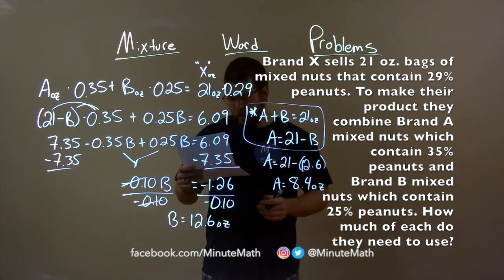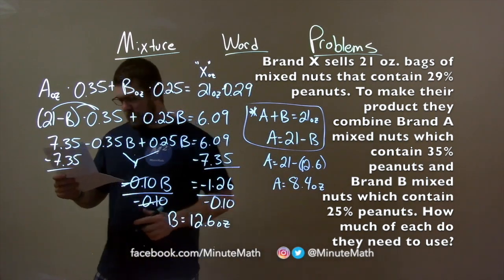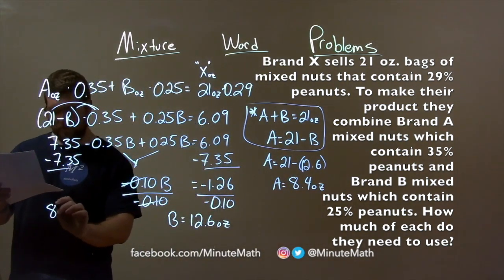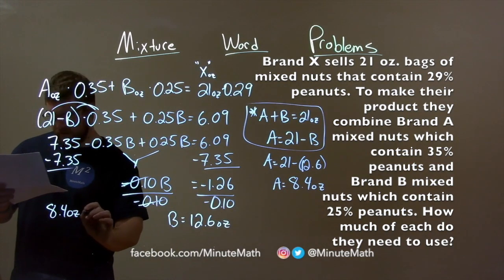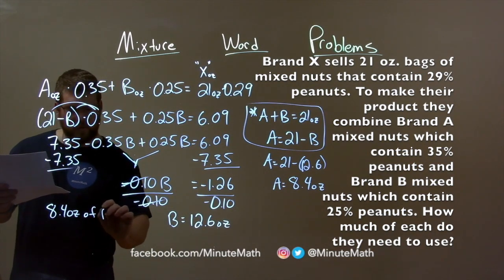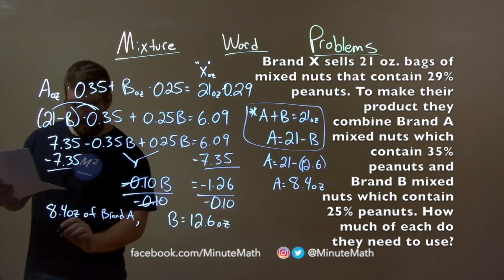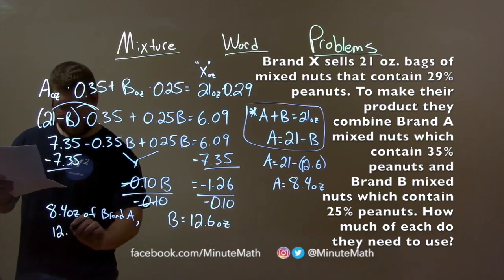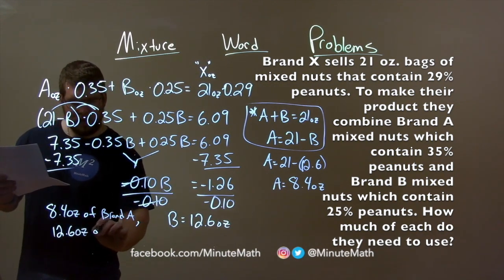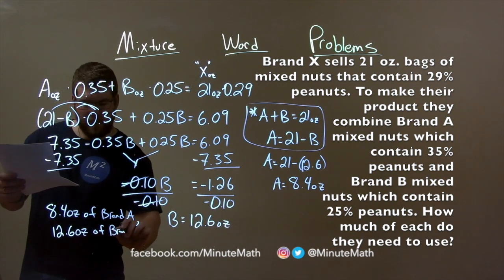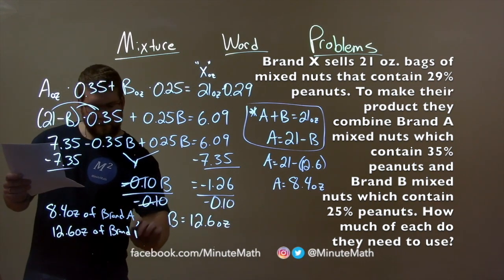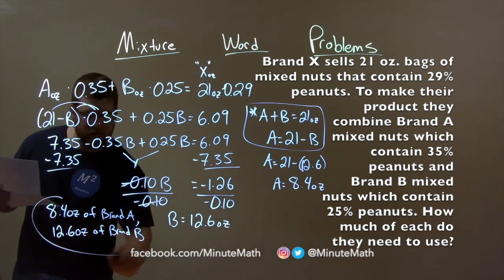And so our final answer, by combining everything, we have 8.4 ounces of brand A and 12.6 ounces of brand B. And there is our final answer.